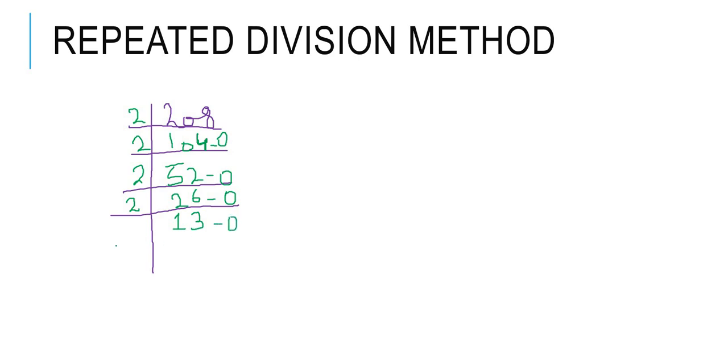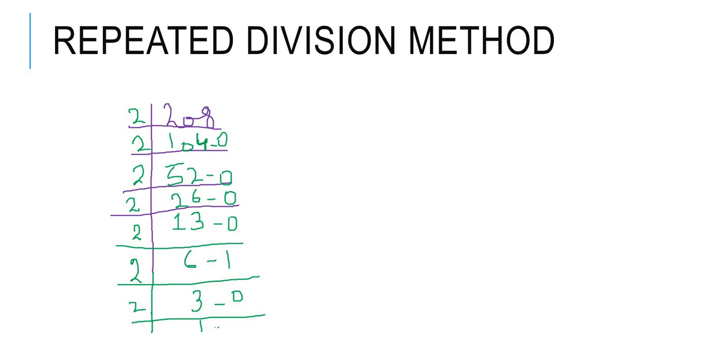2 1s are 2, and 2 3s are 6. 0, no remainder left. Then 2 6s are 12, the remainder left is 1. And then 2 3s are 6, no remainder left. 2 1s are 2, and 1 remainder left.